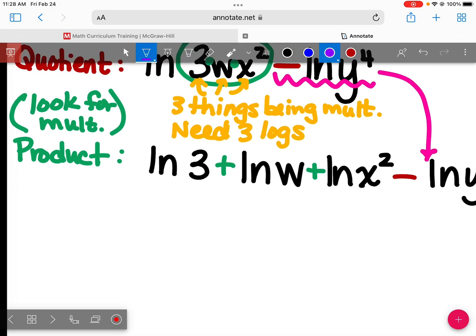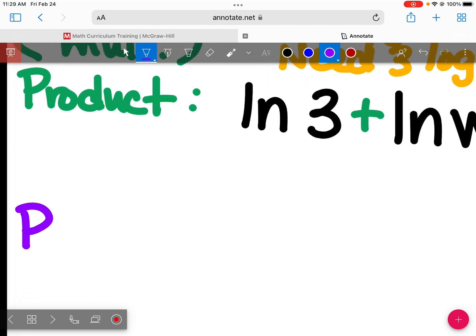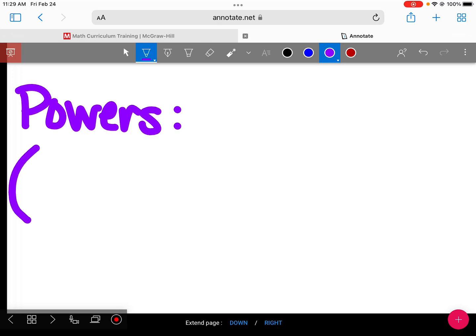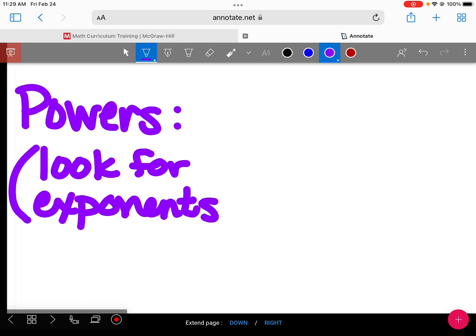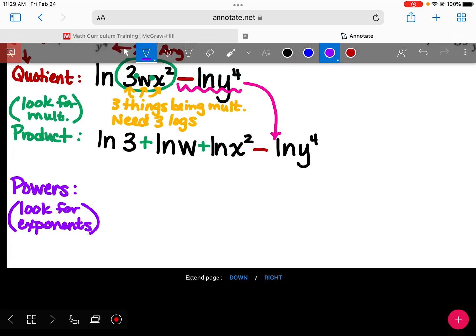All right, we did quotient. We did product. What's the one that I do last? Powers. What do I look for when I want to do the powers step? Look for exponents, yes. Do any of the arguments have exponents in them?